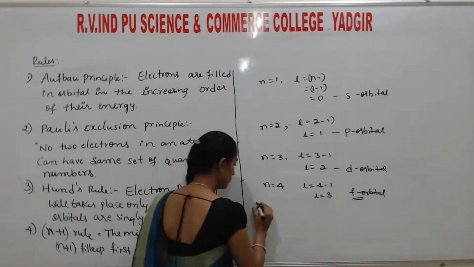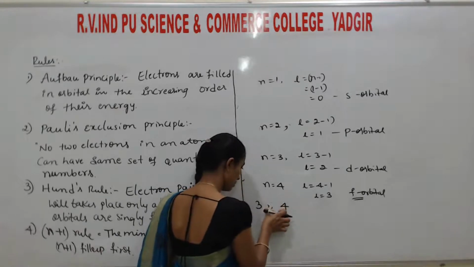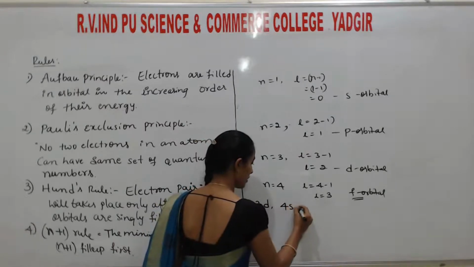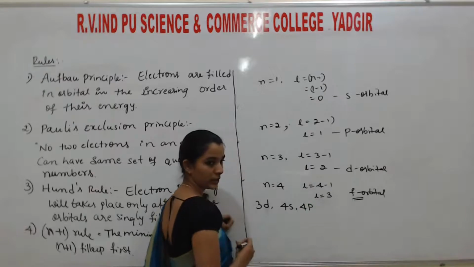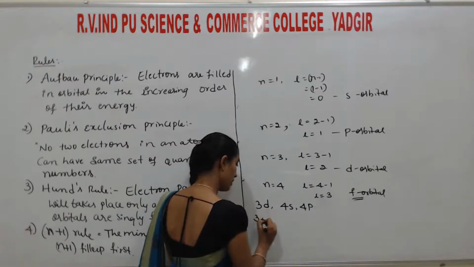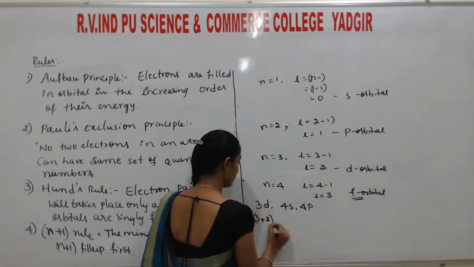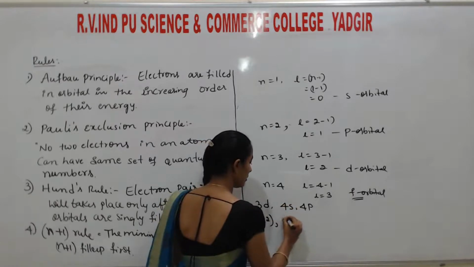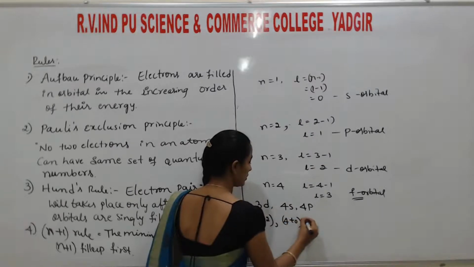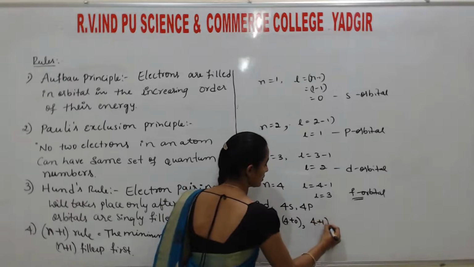Remember, you assume 3s orbital, 3d orbital, 4s orbital and 4p orbital. So n value for 3d is 3, and l value for d orbital is 2. Next, here n is 4 and the s value l is 0, and for 4p this is 1.